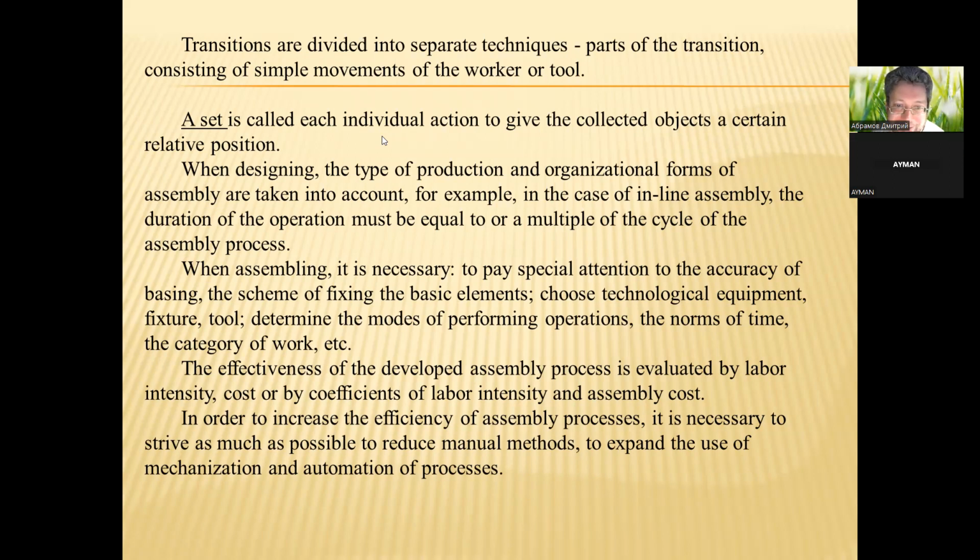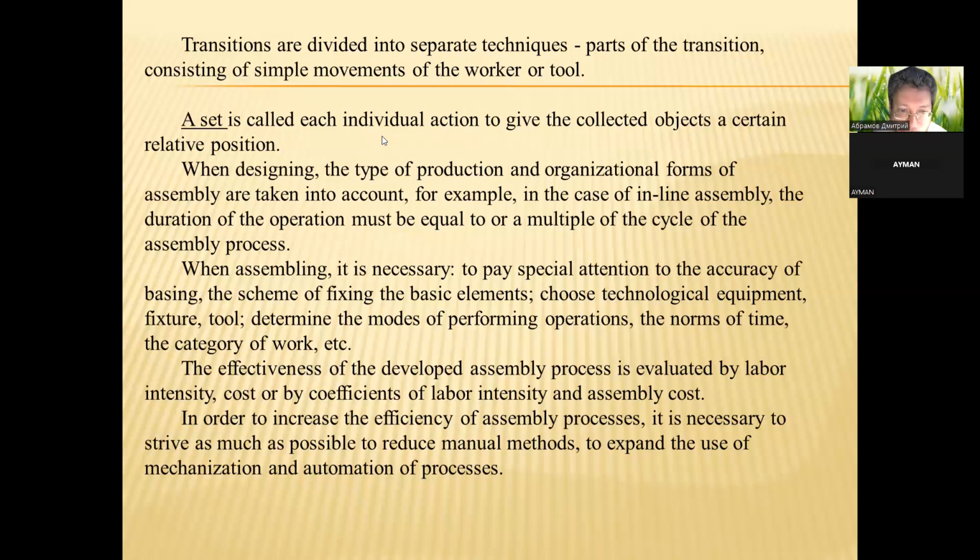When assembling, it is necessary to pay special attention to the accuracy of basing and scheme of fixing the basic elements. Choose technological equipment, fixture, tool. Determine the modes of performing operations, the norms of time, the category of work, etc.